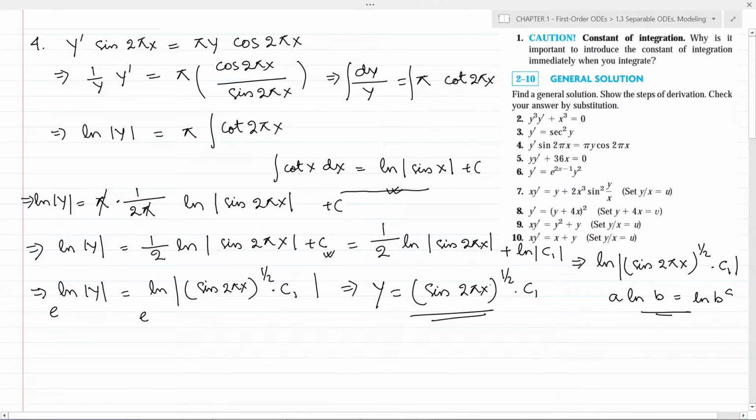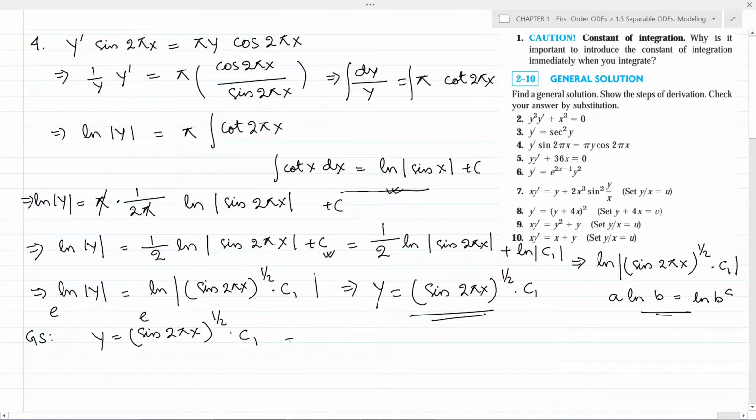equation. We can take the derivative of the general solution on both sides to get the original differential equation. So we write the general solution, y is equal to sin 2 pi x to the power half multiplied by c1.